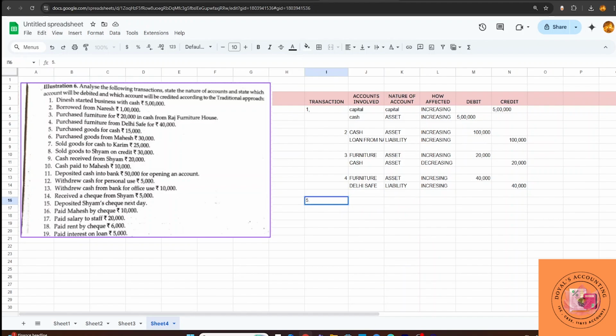Number 5. We have purchased goods for cash for rupees 15,000. So here two accounts are involved: purchases and cash.